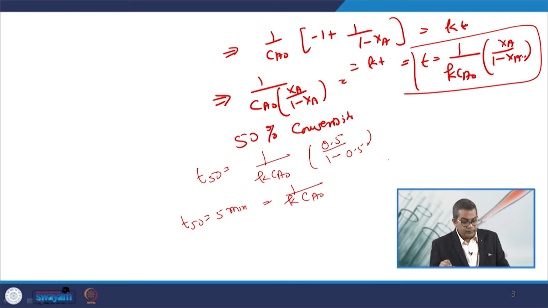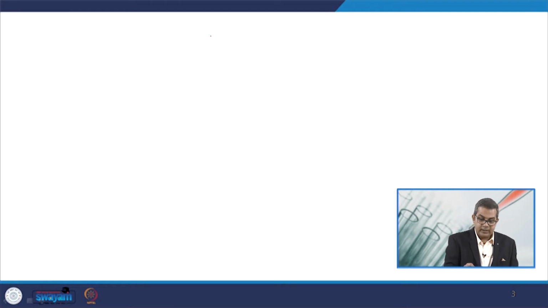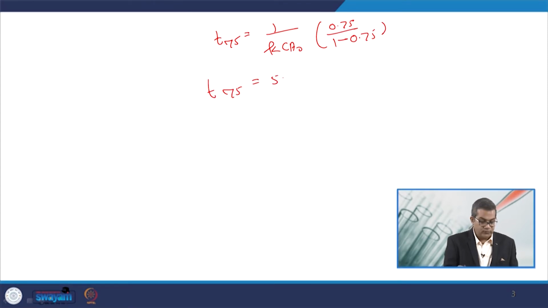So when we look for the time required for 75%, it can be represented as t75 is equal to 1 upon k CA0 into 0.75 upon 1 minus 0.75, and t75 is equal to 5 into 0.75 upon 0.25, that is equal to 15 minutes.